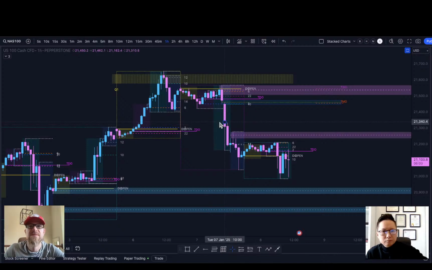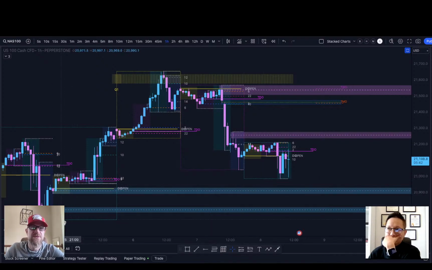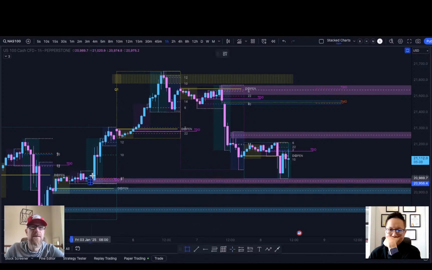So this low was put in, equal lows made, triple equal lows, and then we broke it here. So really the buy to sell happened in this gap. So this is the change of direction for me there. This is the change of direction for me here. And this is the change of direction there. So 1, 2, 3. We're in 1, and this would be 2, 3. Right? All right.